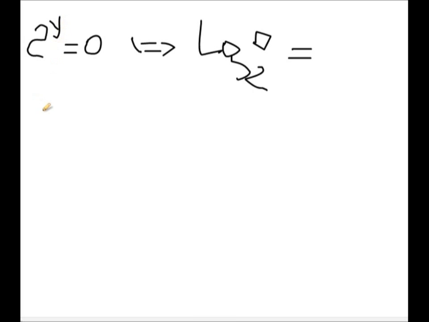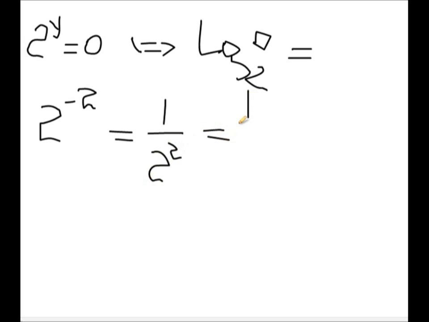Let's say if I have 2 raised to the power of minus 2, even if the power is negative, remember your exponents from high school, this is 1 over 2 squared, so this equals 1 over 4. 1 over 4 is 0.25. It's not 0. So you can choose whatever power, you will never get the result 0. So you cannot compute log base b of 0.